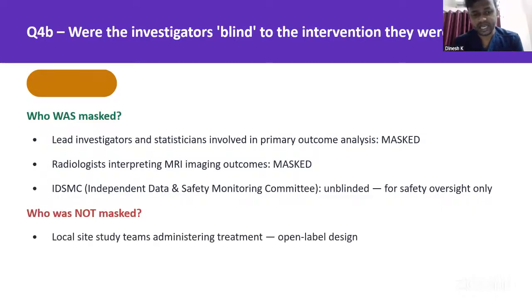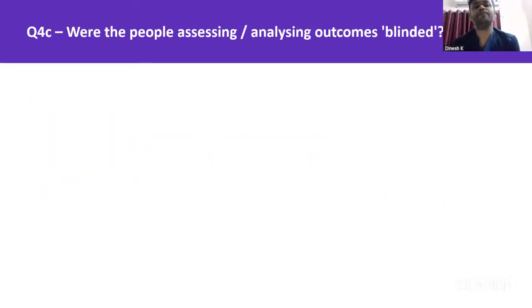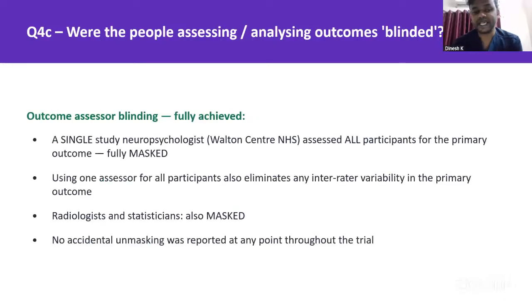As we discussed, the local site study teams were aware of the treatment. So the investigators were partially blind. Whether the people assessing or analyzing the outcome were blinded, we have already seen: the neuropsychologists, radiologists, and statisticians were fully masked for analyzing the outcome.